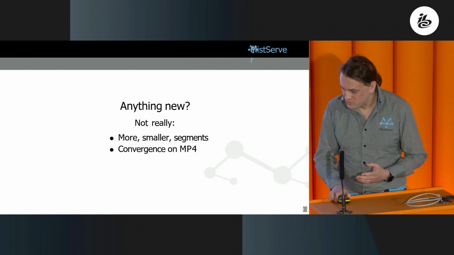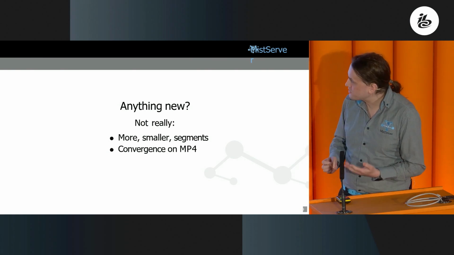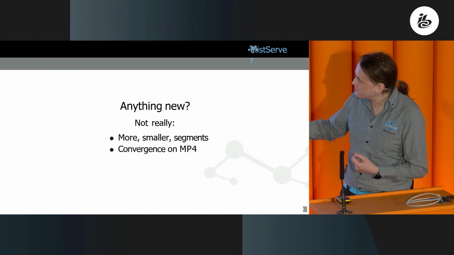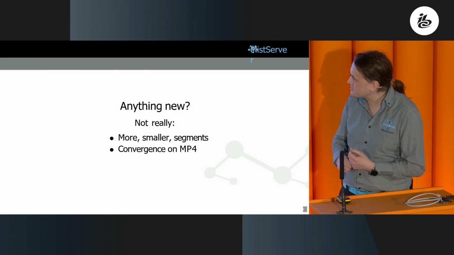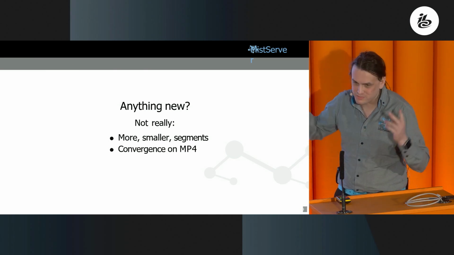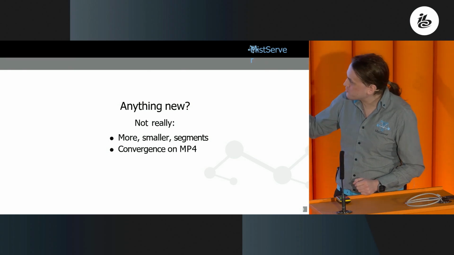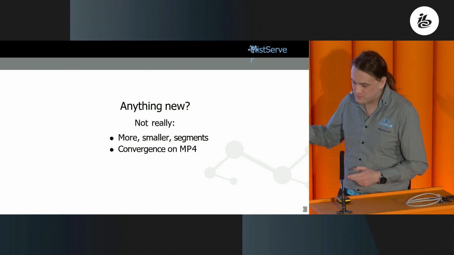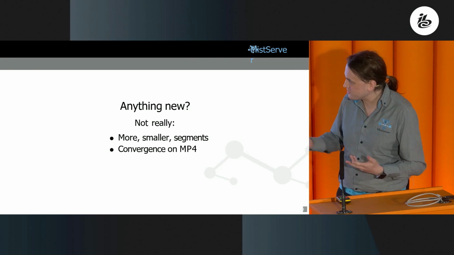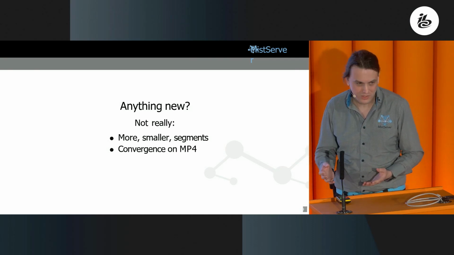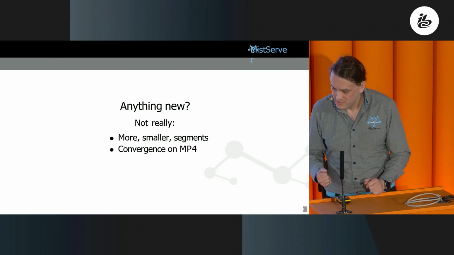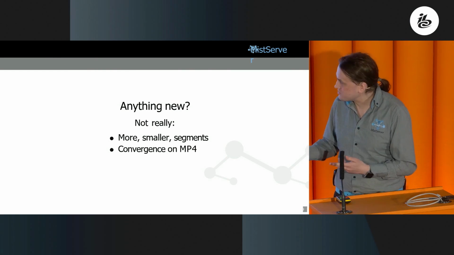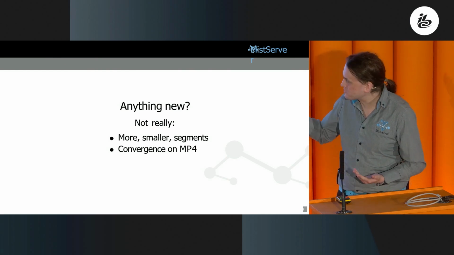Is there anything new in these file-based transports? Well, not really. To lower latency, we've created more and smaller segments, and I say we, but that's not me, that's other people. And they've kind of converged in MP4 because Apple was doing TS, but TS only works on iOS, so it's very slow on the other devices, still uses a lot of power. Well, Matroska is not supported on iOS, so what works everywhere?